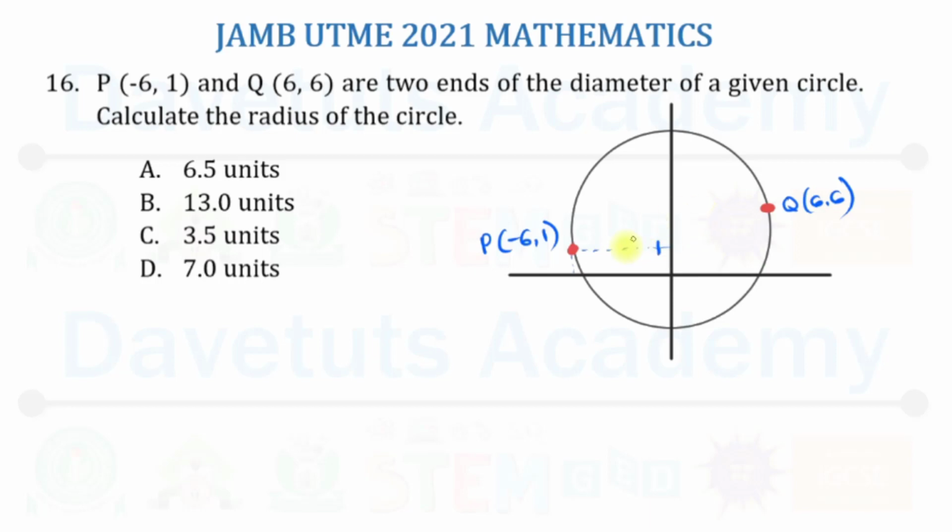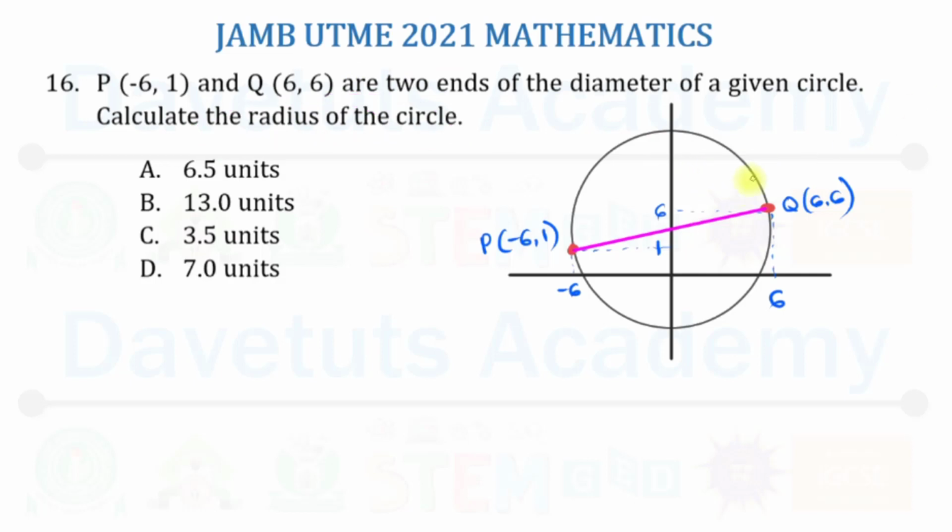So this will be 1, and here will be minus 6, and also this will be 6, and this will be 6. Okay? I think that is quite looking like it. And then we are told that these two ends of the diameter of the circle, they are just like this. And then look at what we're asked to find. We're asked to find the radius of the circle.